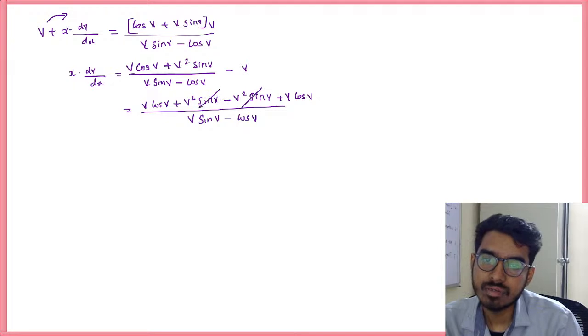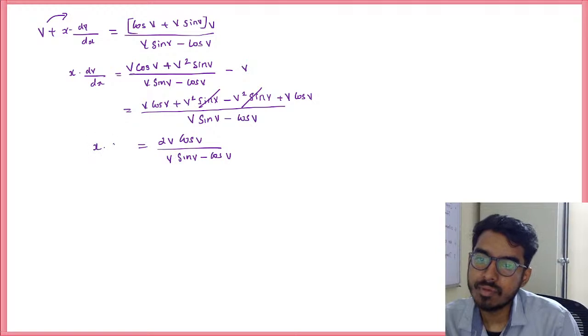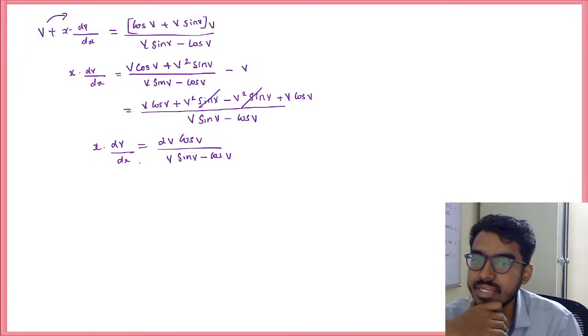So if I simplify this, we will have 2v cos v divided by v into sin v minus cos v. Here we will have x into dv by dx, right? So I'll separate dv and dx to one side.